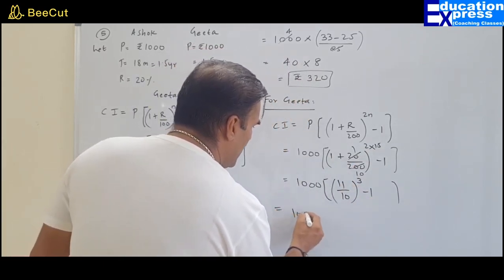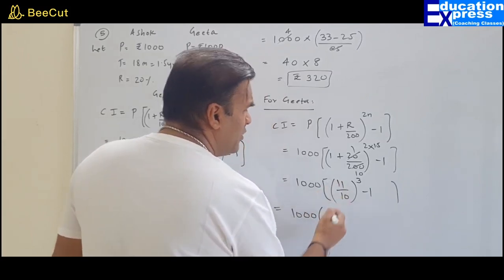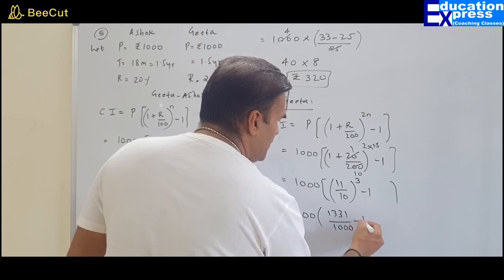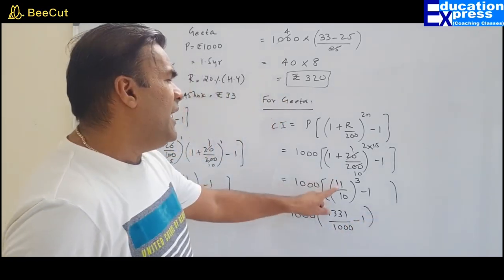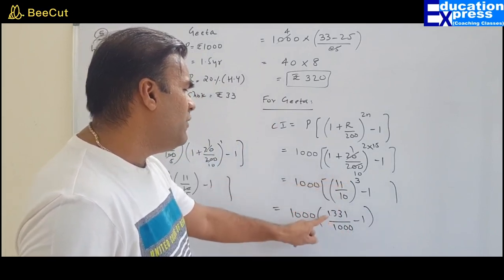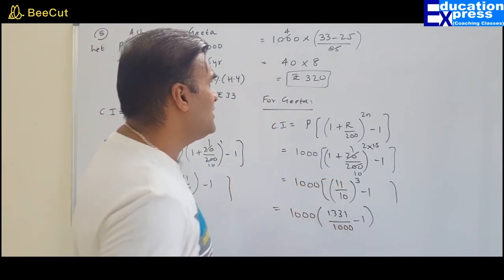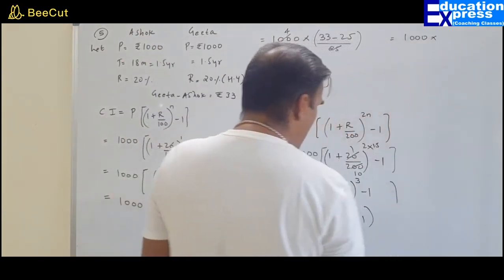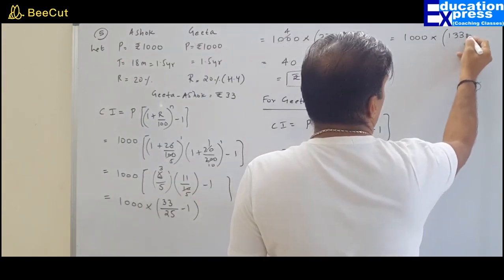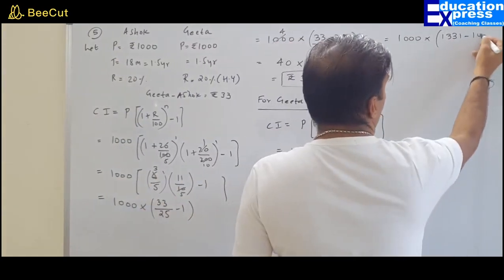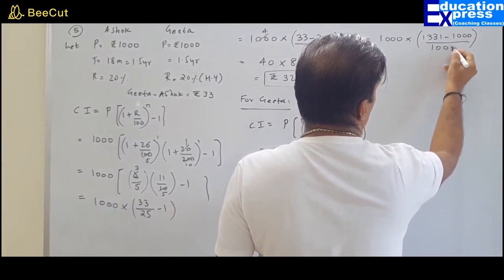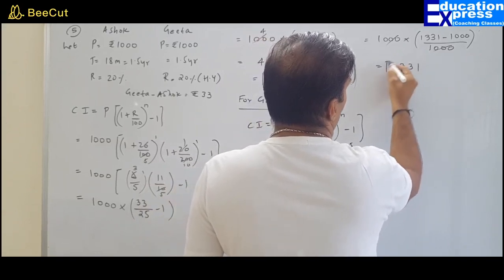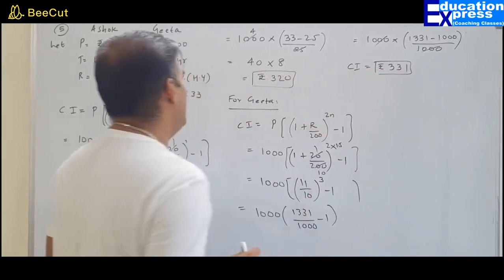So that gives you 1000. What about this calculation, sir? 1331 upon 1000 minus 1. Can we do this calculation? 11 into 11, 121. 121 into 11, 1331. 1331 minus 1000 upon 1000. 1000 cancels. What do you get? So 331 rupees. What is this? So this is the compound interest received by Geeta.